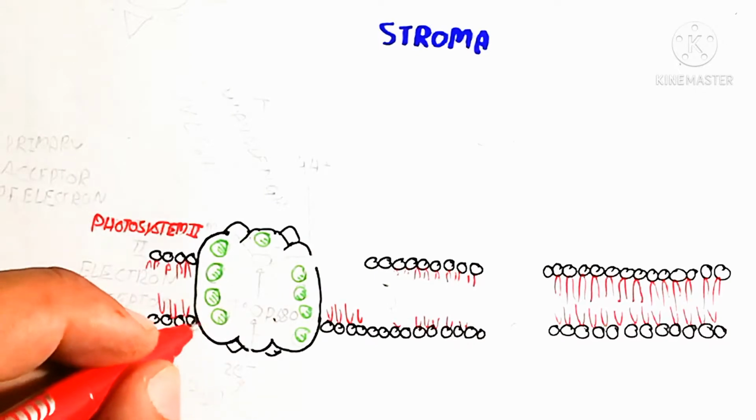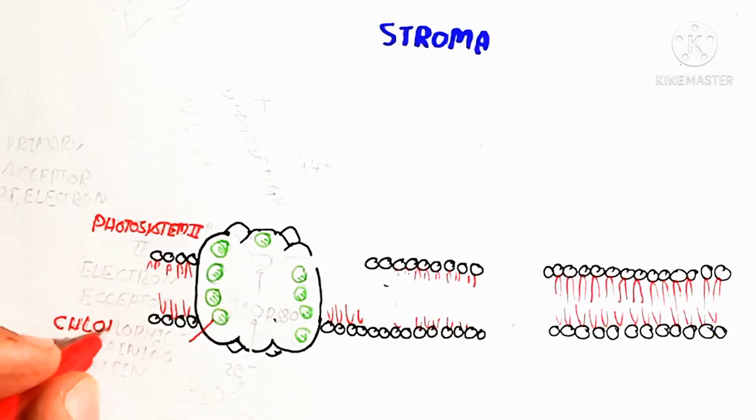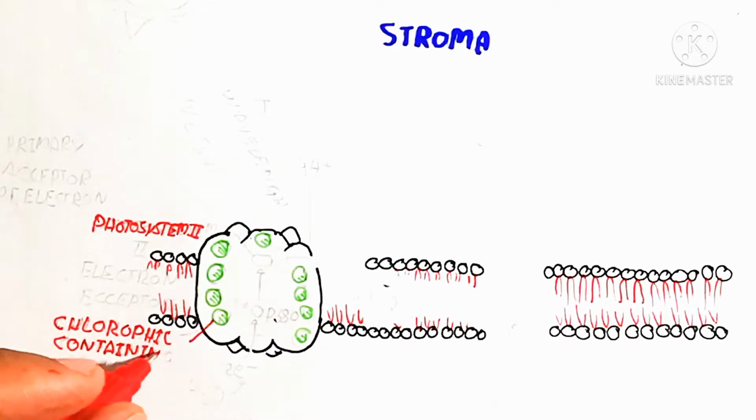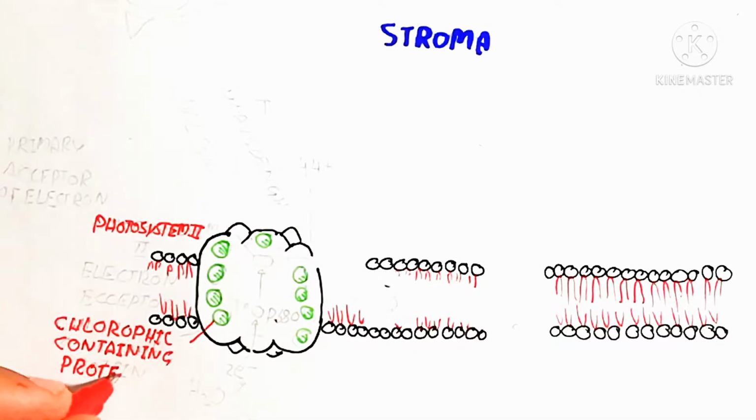So here is photosystem 2. Photosystem 2 absorbs a photon with a wavelength of 680 nanometers.